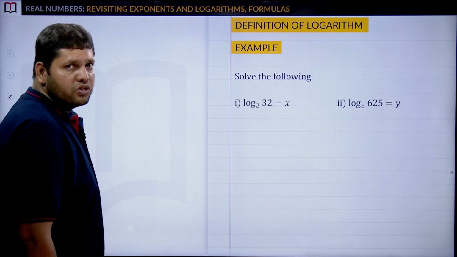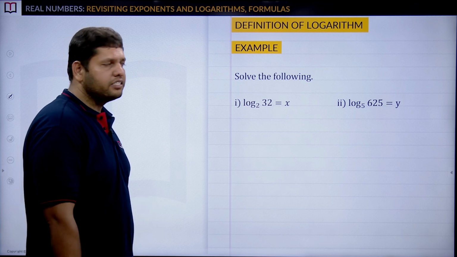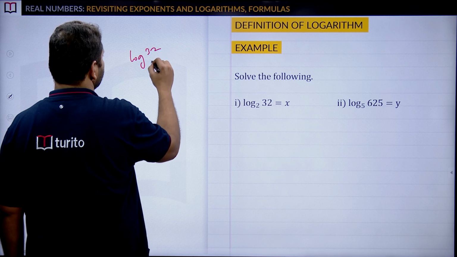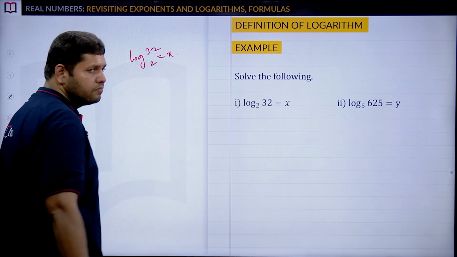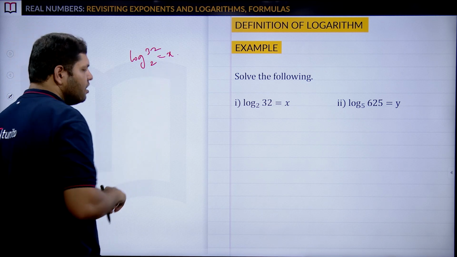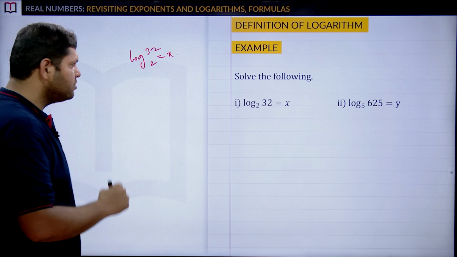Next one. Children, log of 32 with base 2 is equal to x. So we need to find the x value. Write down the exponential form first of all. It is actually logarithm form, and I am writing exponential form.